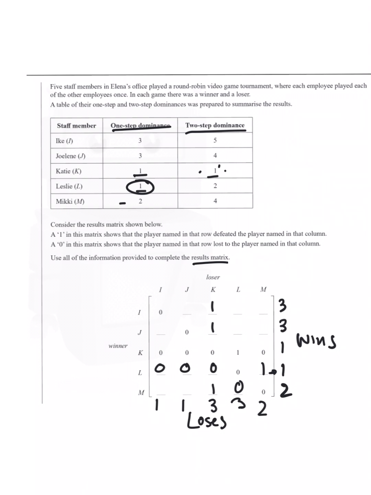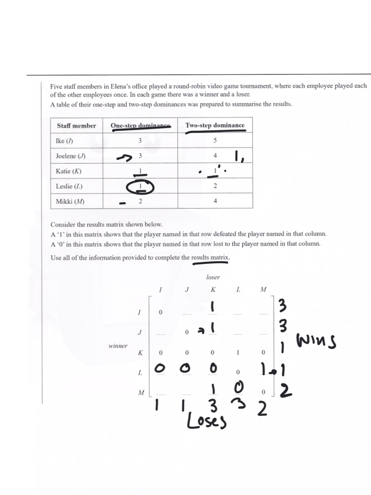Okay, Jolene. Jolene has 3 wins. The reason I'm doing Jolene over Ike is because she has the smaller 2-step dominance there. If I look at Jolene's row, she has the 1 win here against Katie, and Katie had just 1 win. So of these 4 steps, she's got 1 so far.